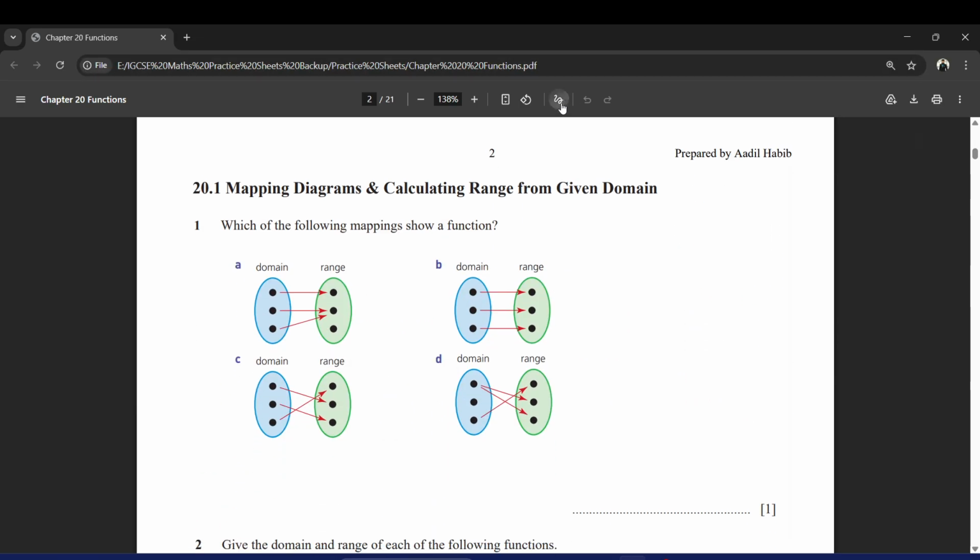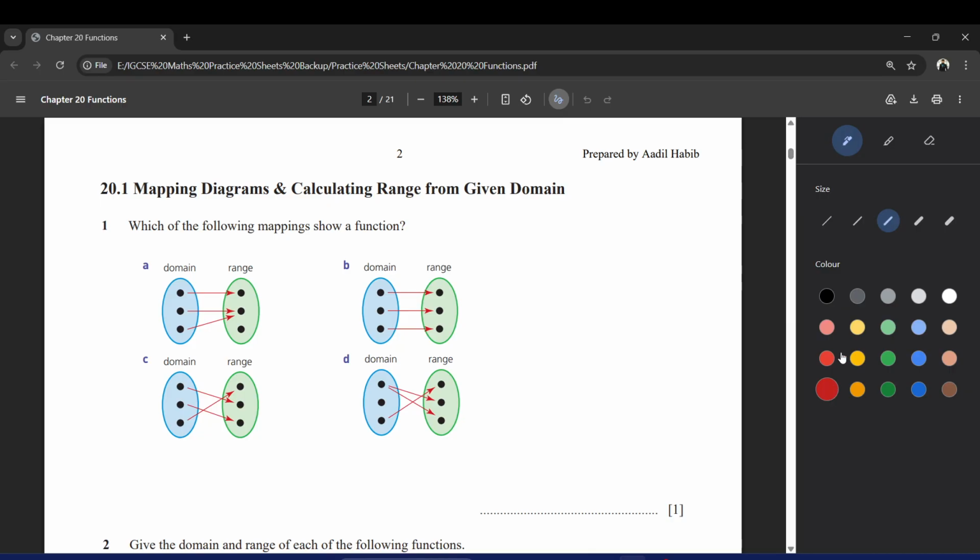Also, we studied the different types of functions that we have. So the first thing that we have to write down over here is: what is a domain? Domain is just the x values, which are the input to a given function. The function is the equation that is given to you in the question. The second is range.